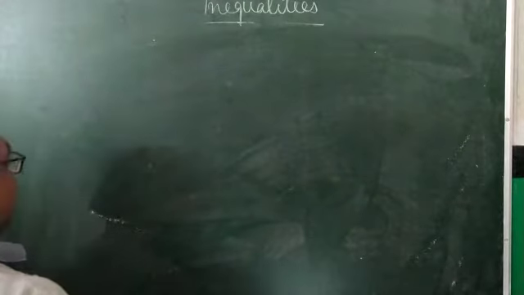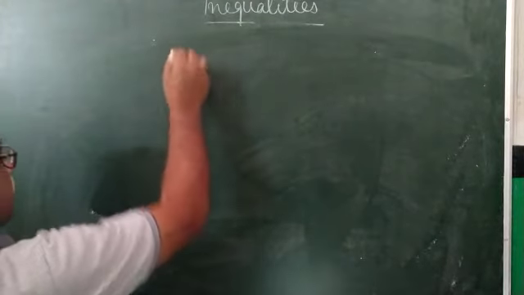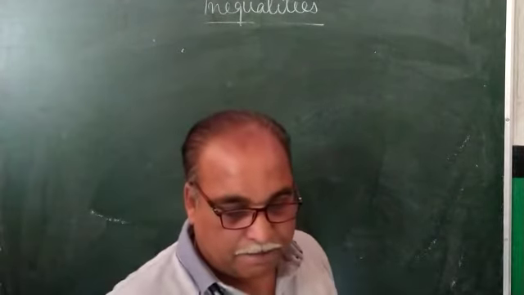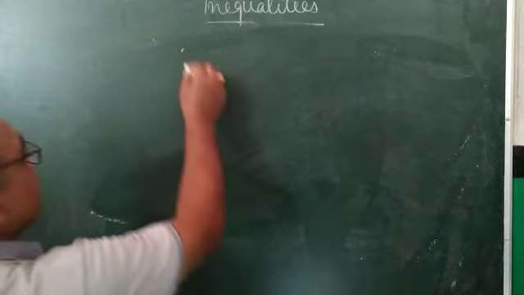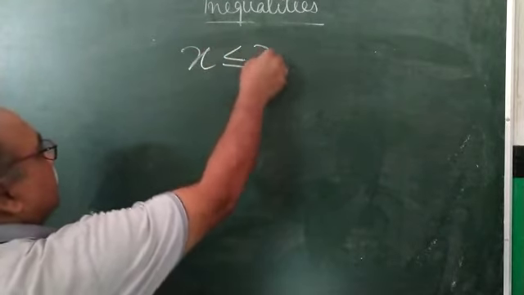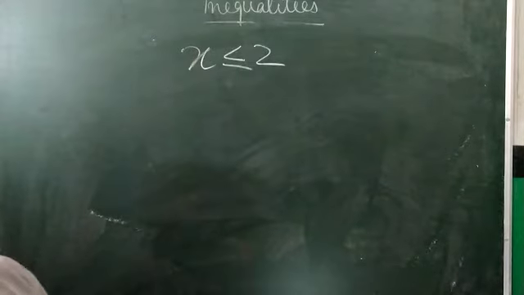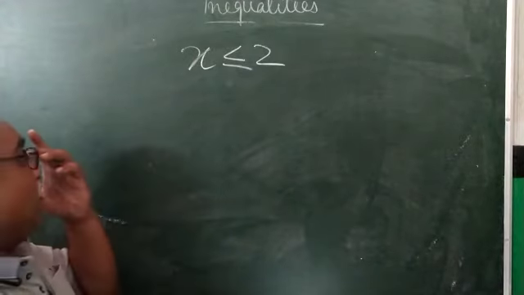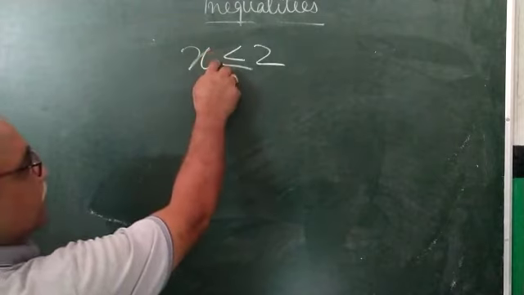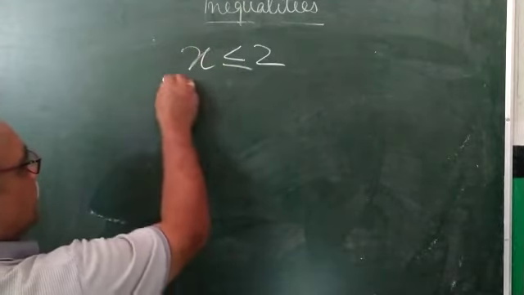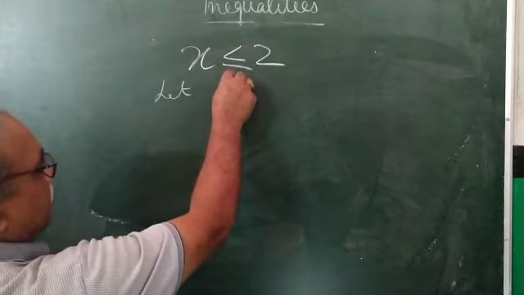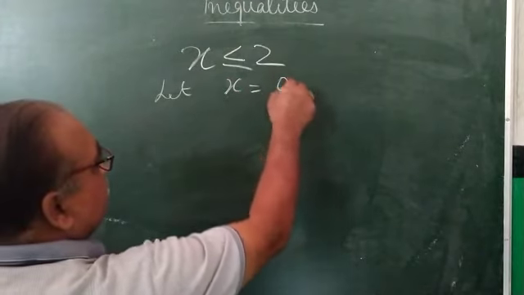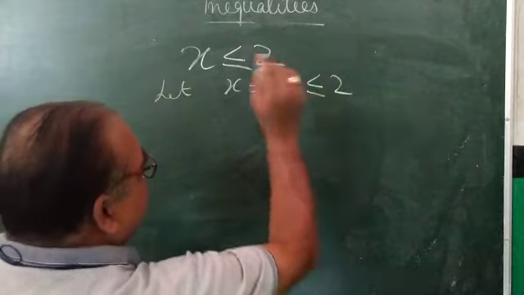The next inequality given in the example is x smaller than or equal to 2. See here there is no y, so here y is equal to 0. Let x be equal to 0, this satisfies.